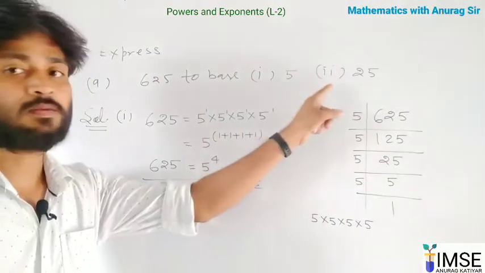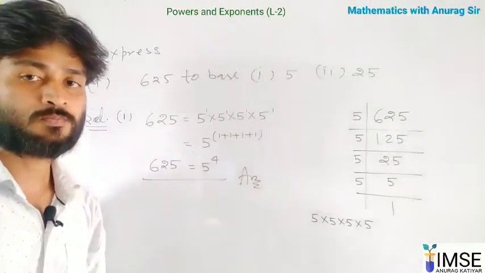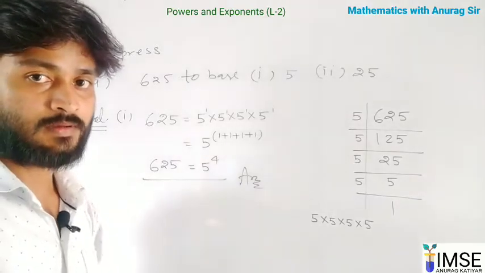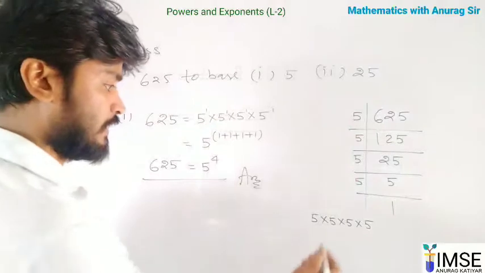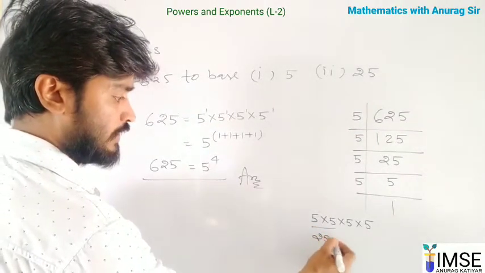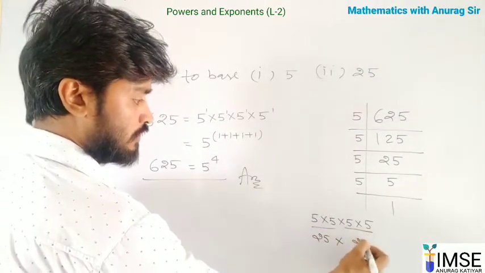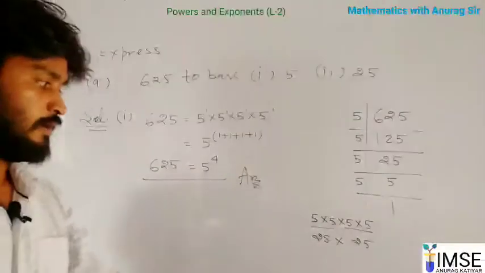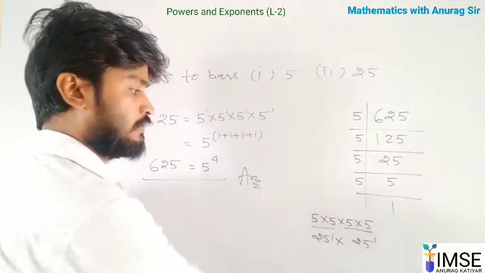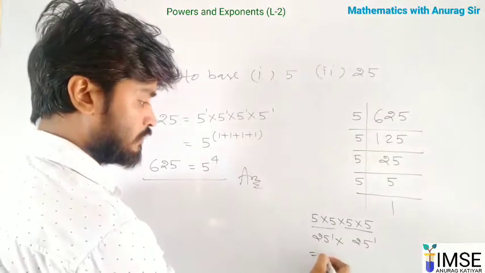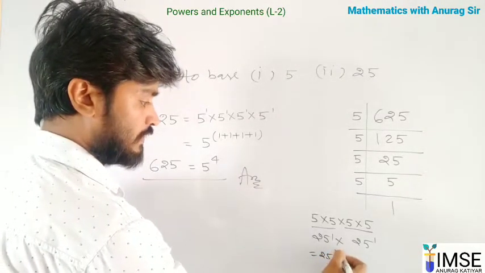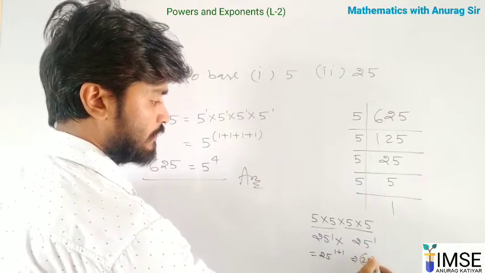Now the second part says you write 625 in base 25 form. You just apply here 5 fives are 25 into 5 fives are 25. So you write here 25 power 1, 25 power 1, which means you add both of them, so 25, 1 plus 1, that means 25 raised to the power 2.